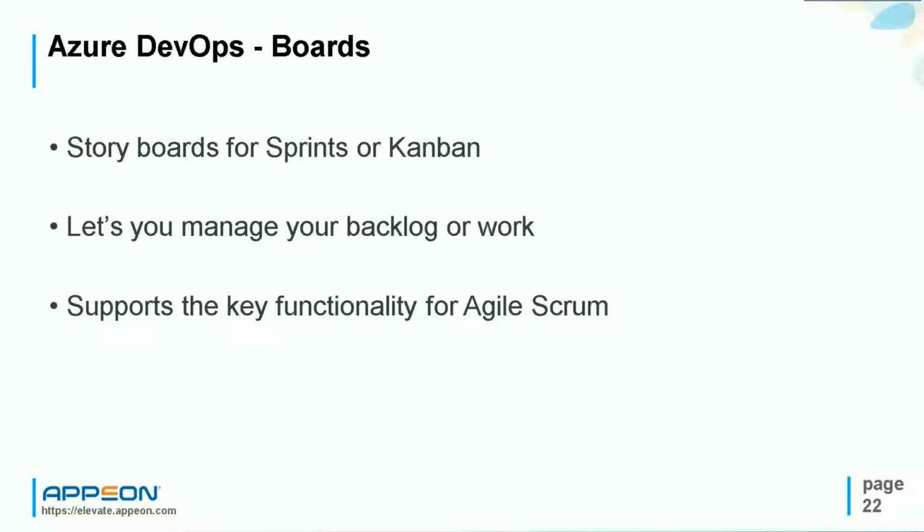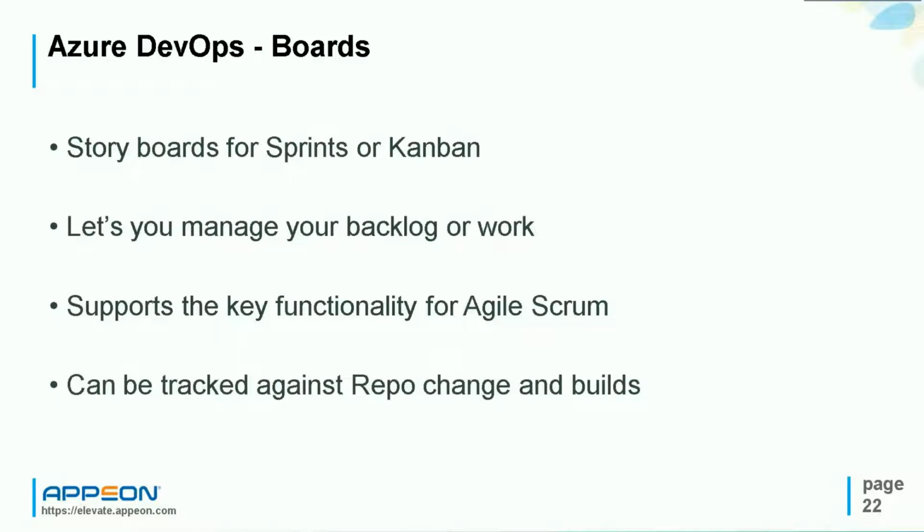And it really supports all the key functionality you would need for your team to do Agile Scrum. And you can also relate your stories to repo changes, and you can also relate it to your builds and your deployments. So it kind of gives a lot of visibility into what's going on and where it is in the process.